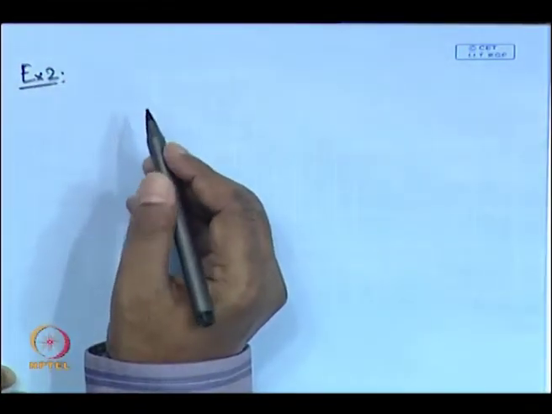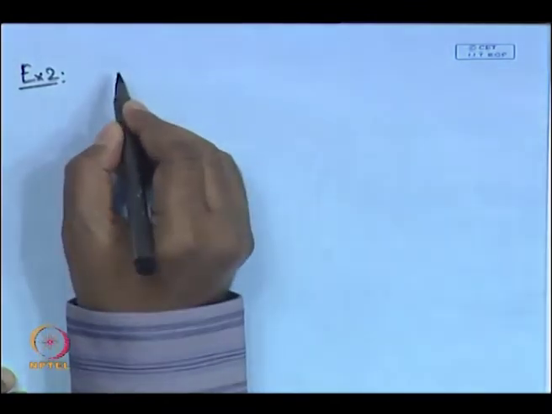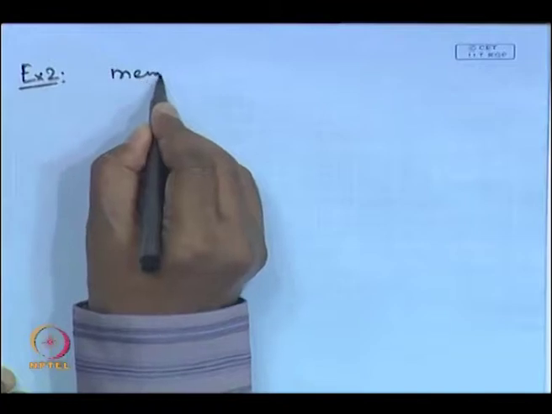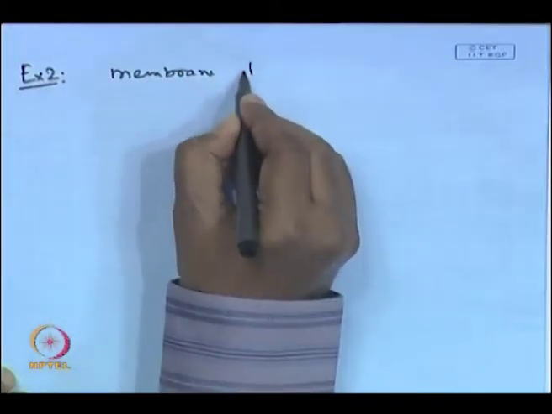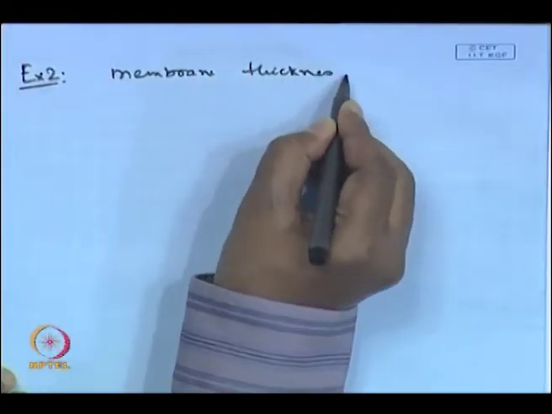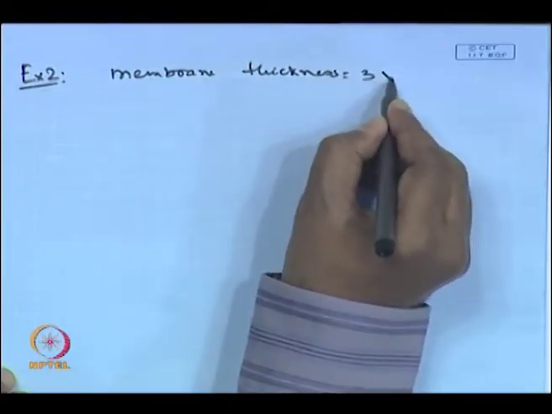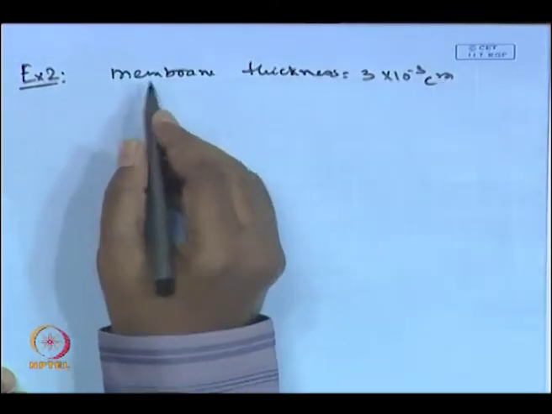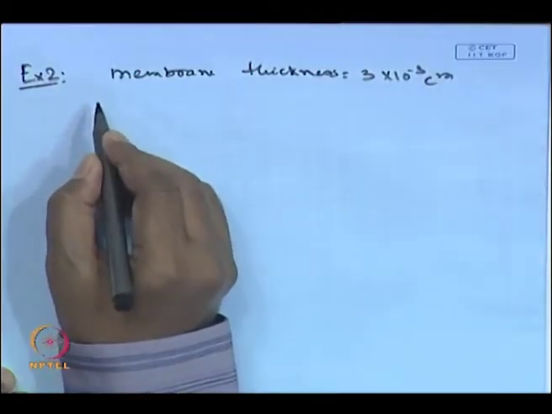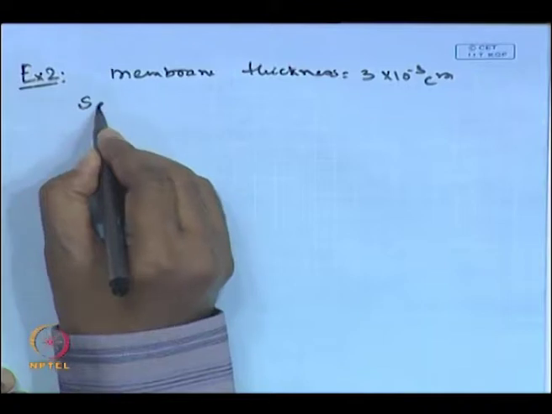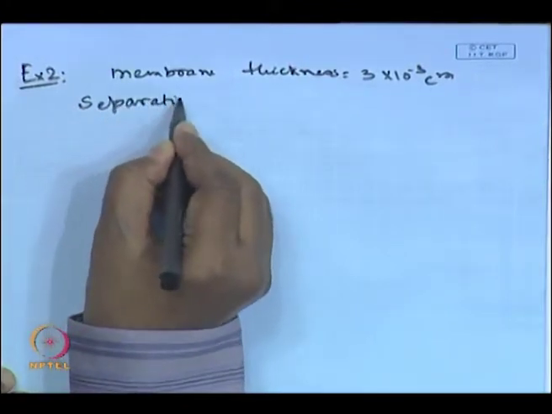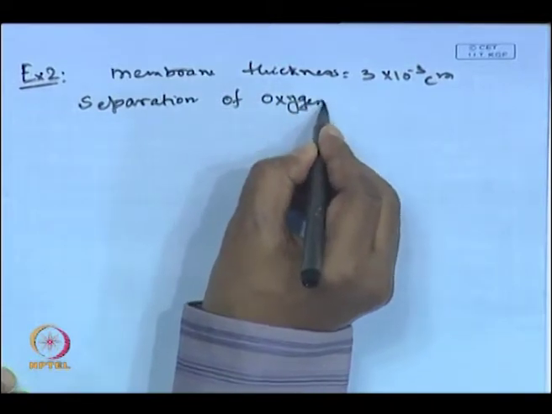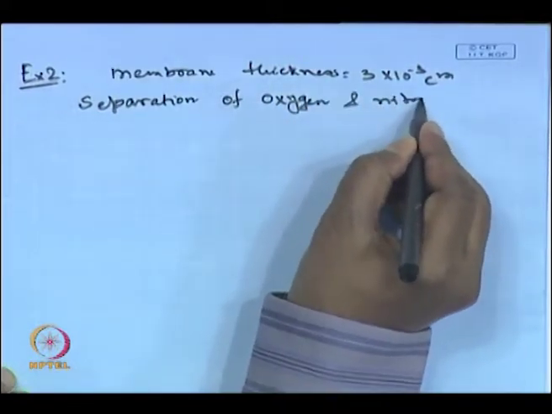In this case, it is desired to find out the membrane area. We are using a membrane, the thickness is given, it is 3 into 10 to the power minus 3 centimeter. It is a case of separation of oxygen and nitrogen.